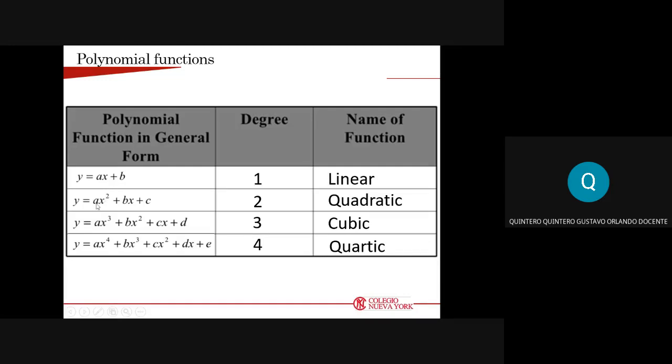Every single monomial has to be separated by additions or subtractions only. All right. Here we have a polynomial, right? 4 monomials, and then another polynomial, 5 monomials: 1, 2, 3, 4, and 5. All right. Cool, guys.